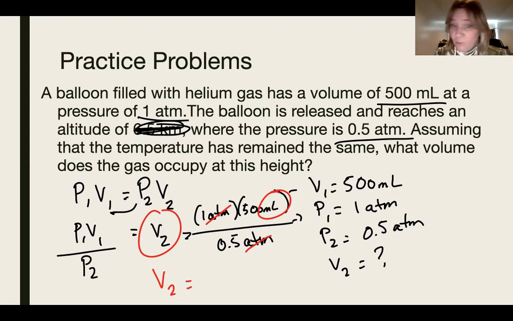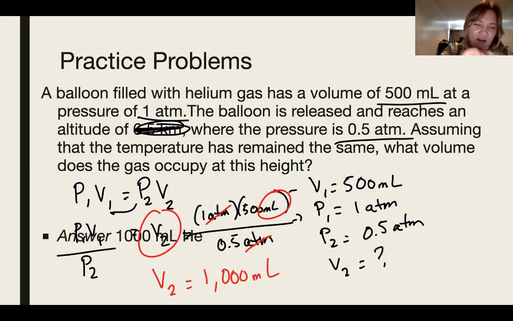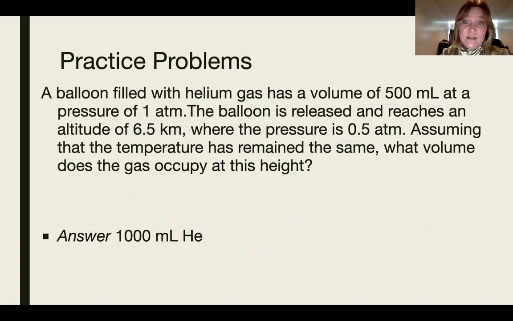So I've got 1 times 500 divided by 0.5. Yeah, 1,000 ml. And underneath all the scribbling, you can see that it's 1,000.